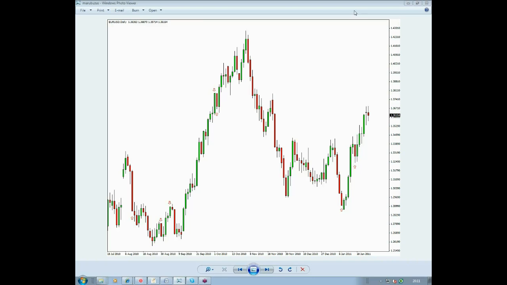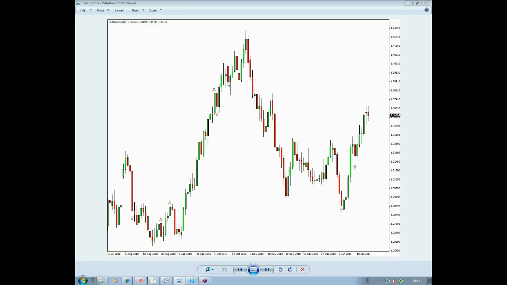I know him from my blog. He's a follower of my blog, and he started to use this Marubozu as a scalping. He has used it for almost 6 months, since August.